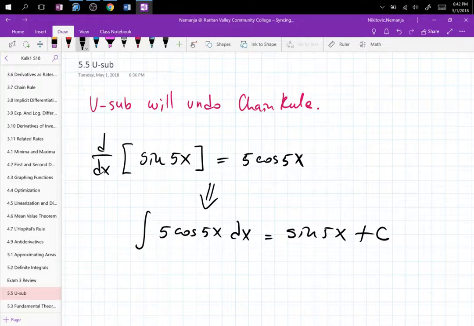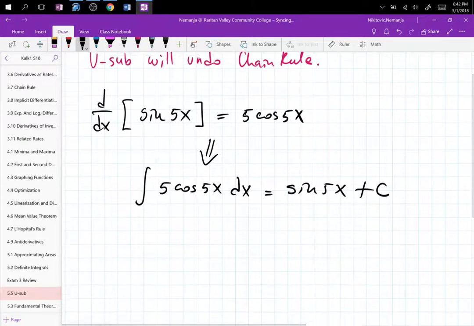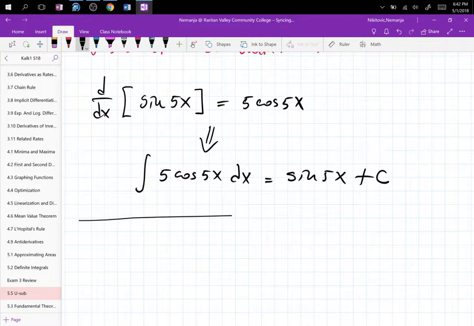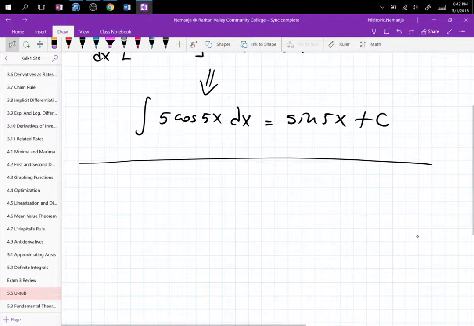This is what we are trying to achieve. What is the method that we are going to use on obviously much spicier examples to go back between integration and derivatives this way? So let's start slow.